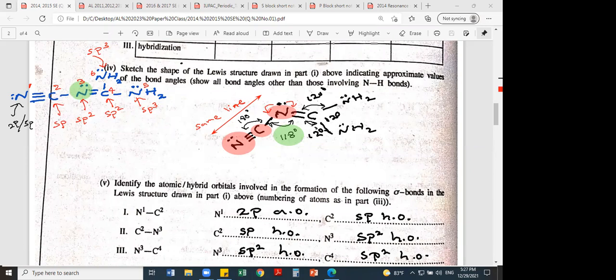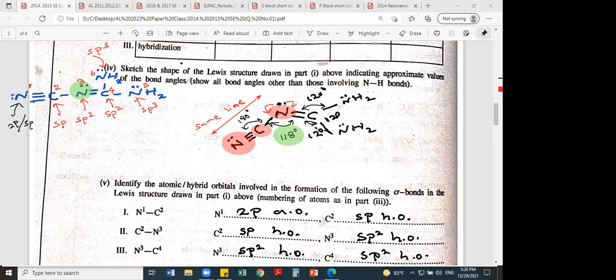So actually this one, what happens if your Lewis structure is wrong? Everything will be wrong. Part 4 and 5 also will go wrong, even part 3 will go wrong. Therefore the most critical one here is the most acceptable Lewis structure, remember that. For the resonance structures, if one goes wrong, no problem, because you lose marks only for that part.